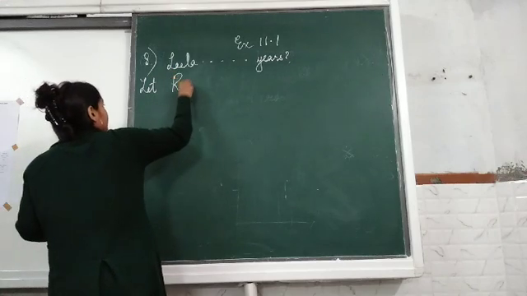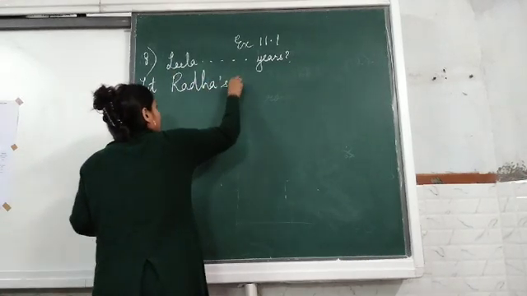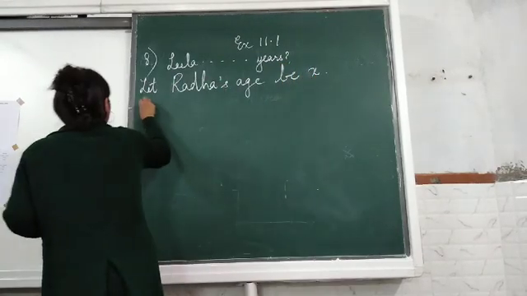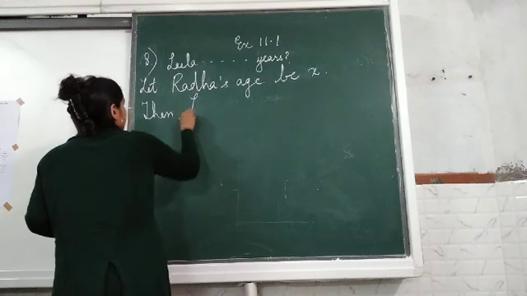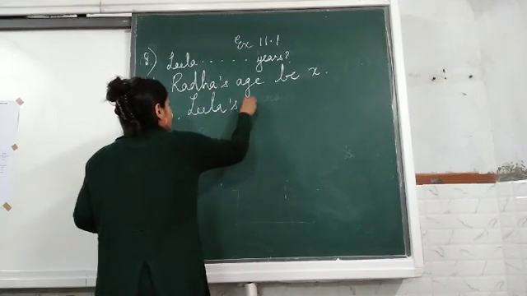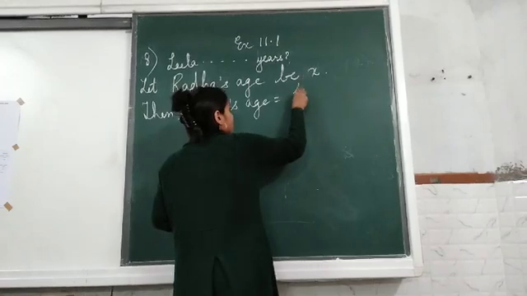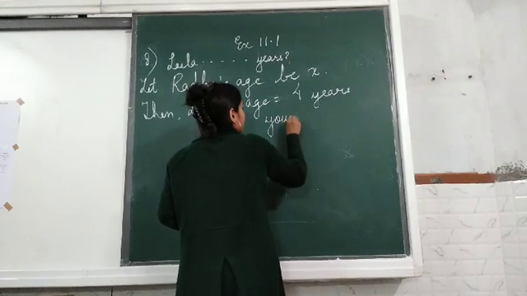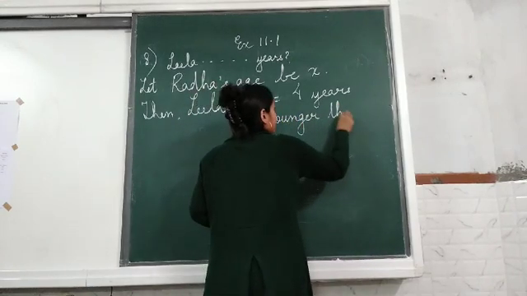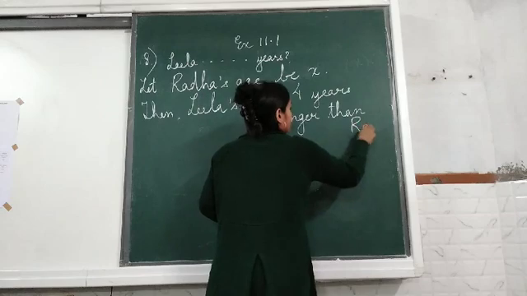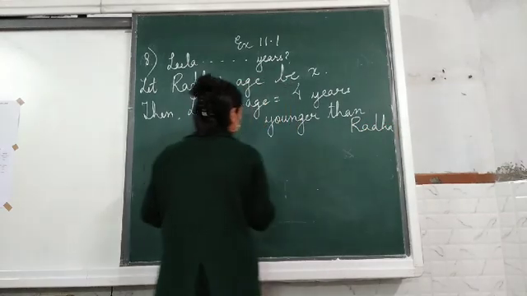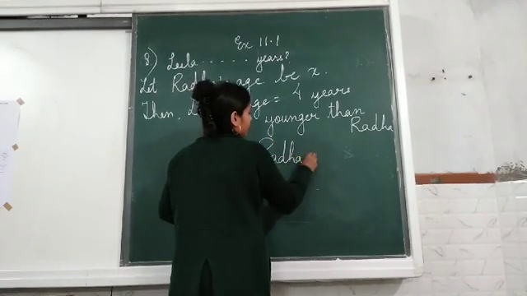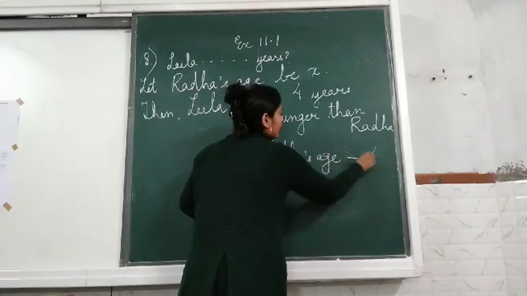Let Radha's age be X. Then Leela's age equals 4 years younger than Radha, which is equal to Radha's age minus 4.